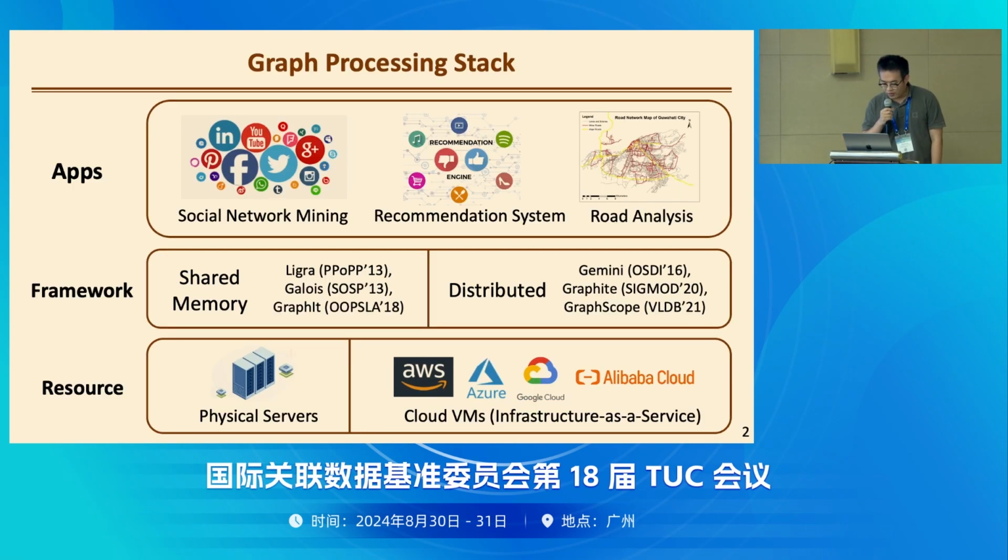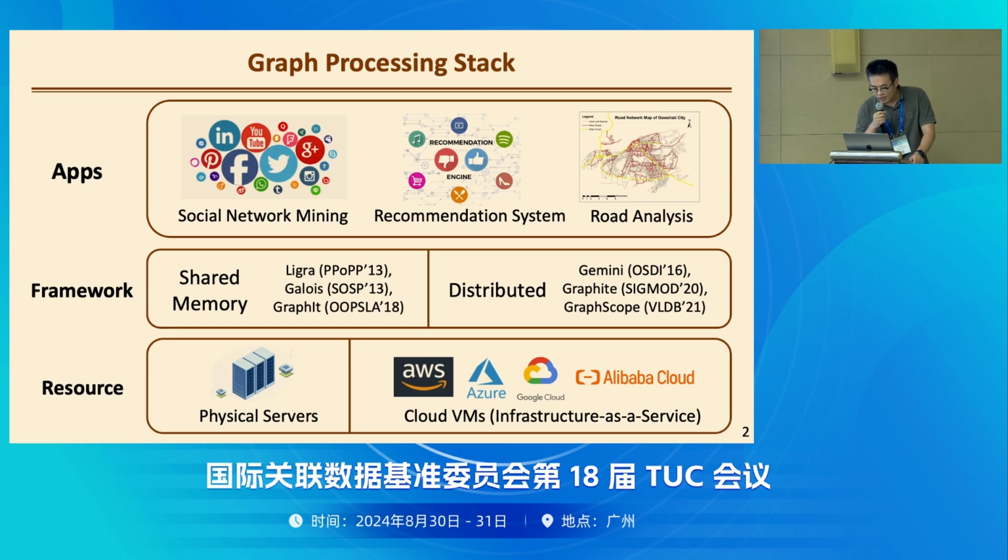Firstly, we are going to briefly review the background of graph processing systems. Graph processing has become essential in various areas, such as social network mining, recommendation systems, and road network analysis.